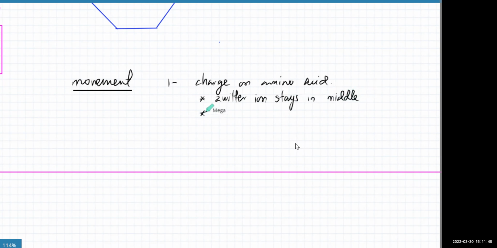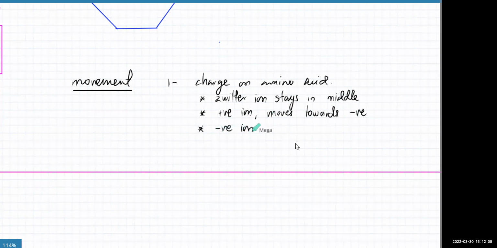Second one, if it's a positive ion, then it moves towards the negative side. That's a third one. If it's a negative ion, then it's going to move towards the positive side.